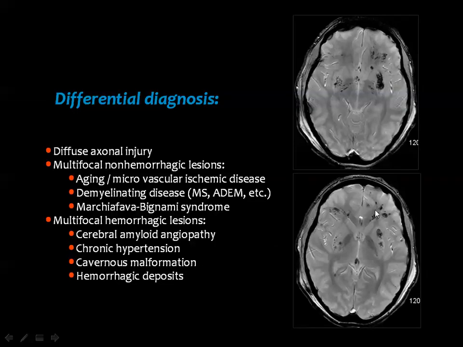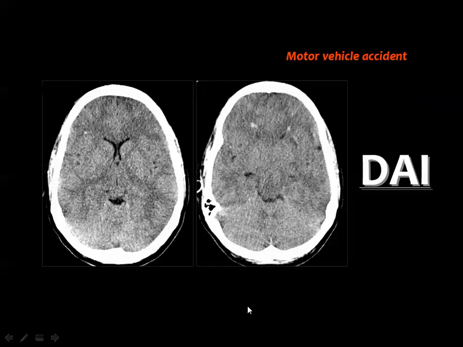Then you see multiple foci of low signal detected in the gradient images, and these foci usually represent blood, but also calcium may appear of low signal like this.